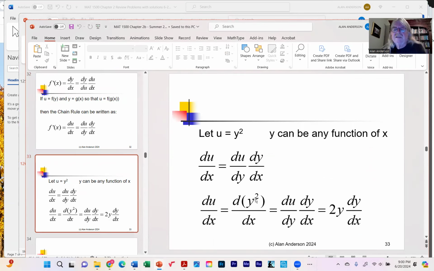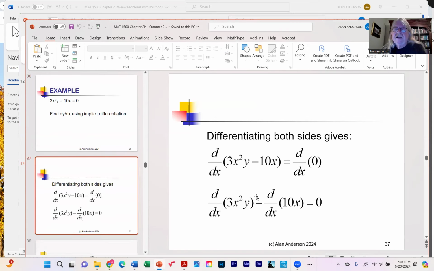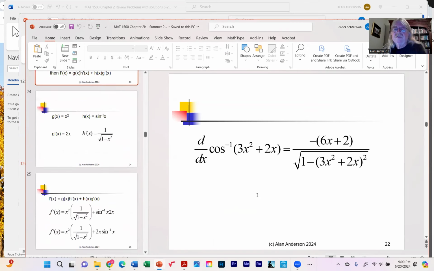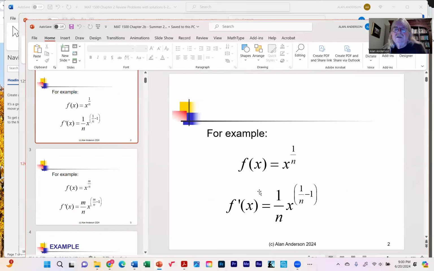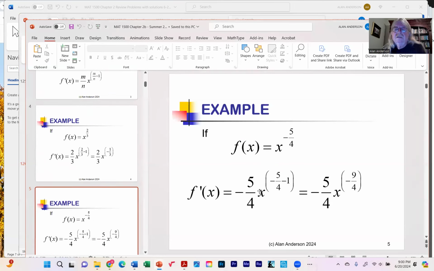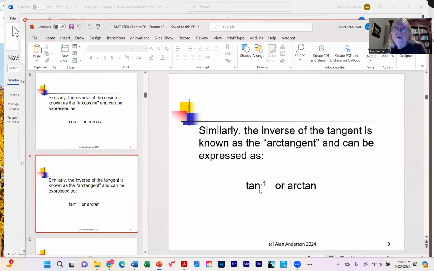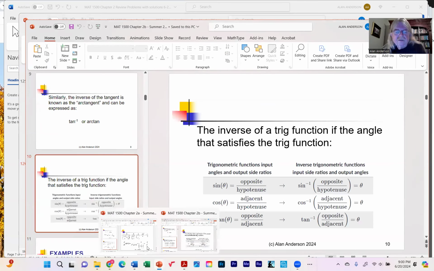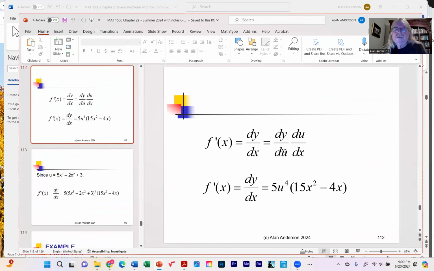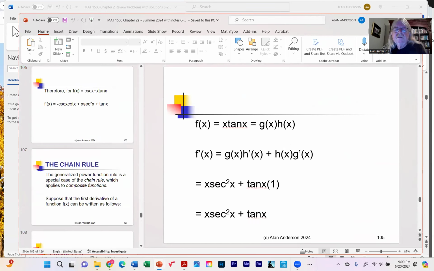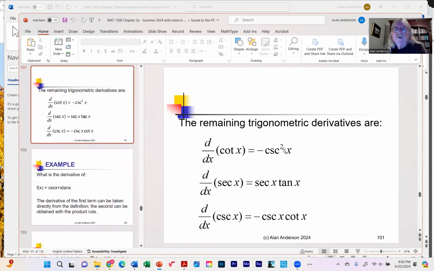I probably just went right past it, but that actually simply lists all the trig derivatives. They're here. No, I guess they weren't 2a. Hold on. Let's just go find them. Here we go. All right.